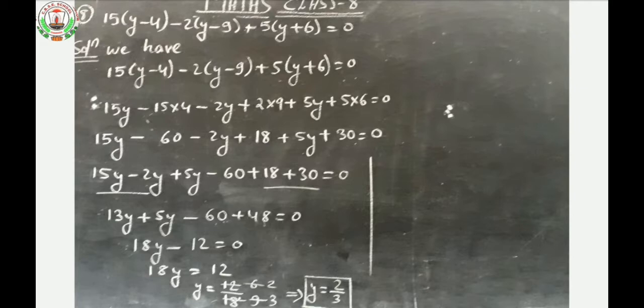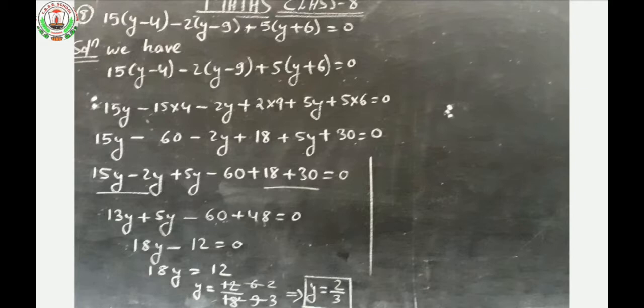Now 13y plus 5y will become 18y, because plus and plus will become plus. Then minus 60 plus 48 will become minus 12. Minus and plus will become minus, that's why minus 12 is equal to 0.